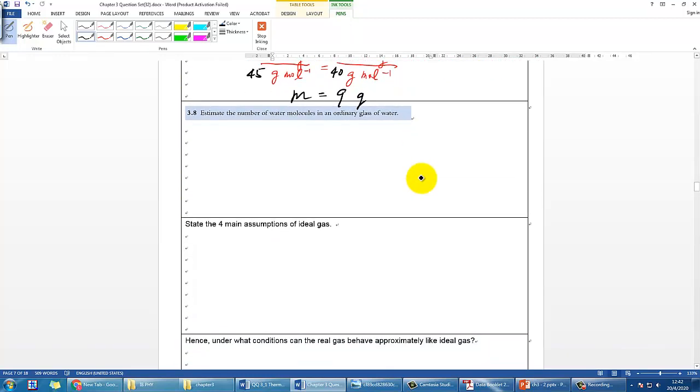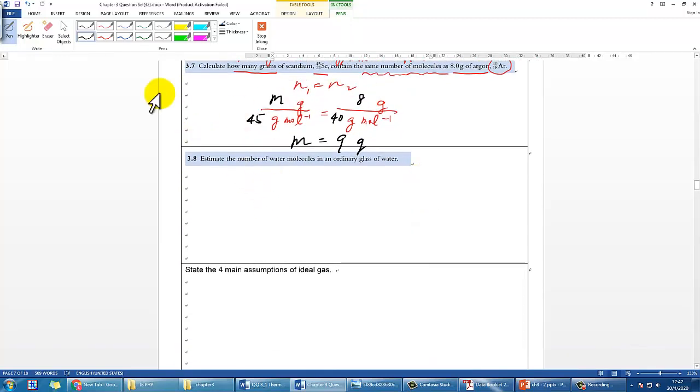Okay, so the last question in the example asks you about the number of water molecules in an ordinary glass of water. Okay, very interesting. So in this case, apparently you have to make assumptions or choose a reasonable number for what it means by an ordinary glass of water.